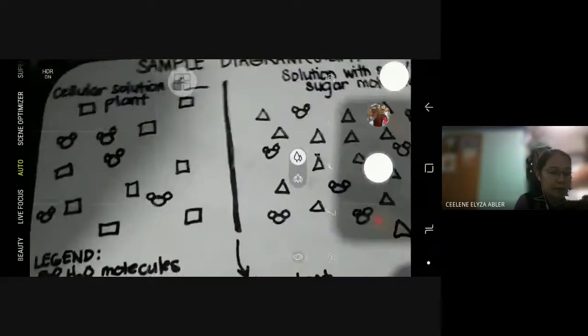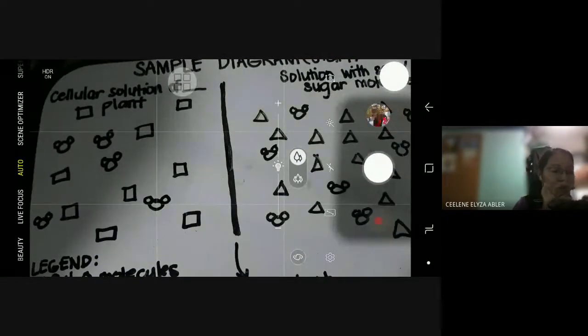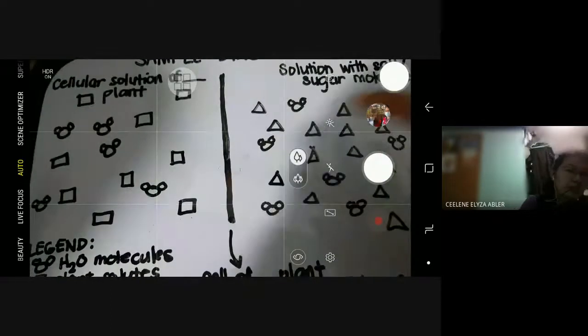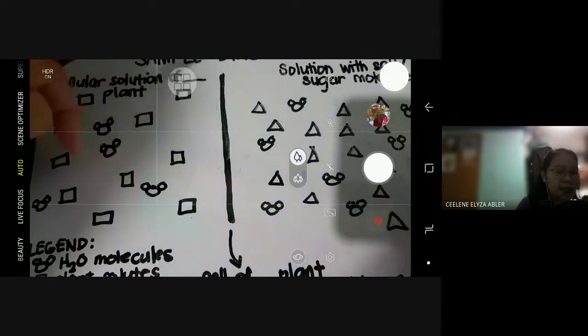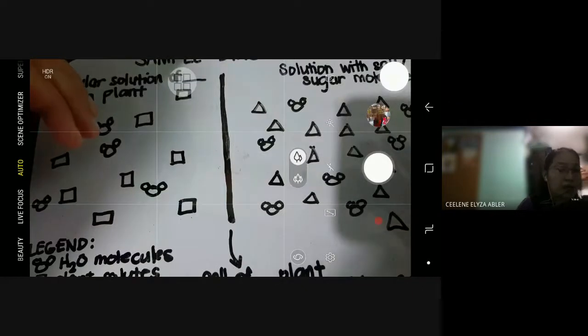Alright. Okay. So, meron tayo yung portion which is here. Mas marami ang sugar molecules compared to the solutes inside your cell. So, the movement of water here, class, is always from a higher concentration to a lower concentration.